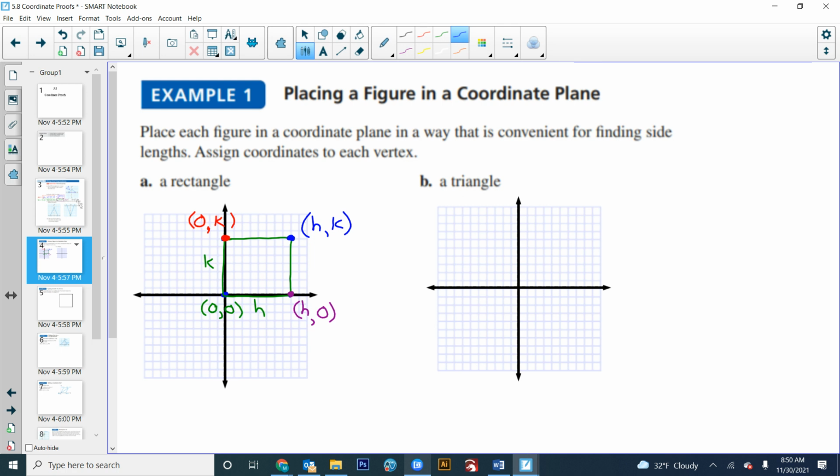Or does it go the other way around? We can do whatever we want. See, I don't get to choose what you are, right? If I say you can be whatever you want to be, I don't get to choose. So if it says it can be any kind of triangle, you don't get to choose. Does that make sense?